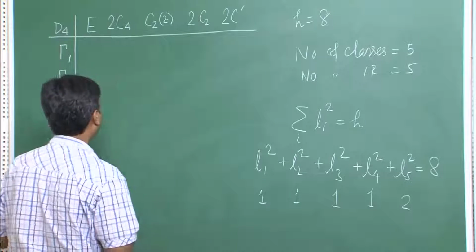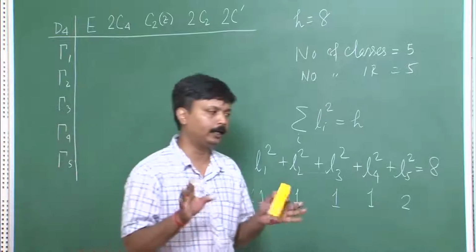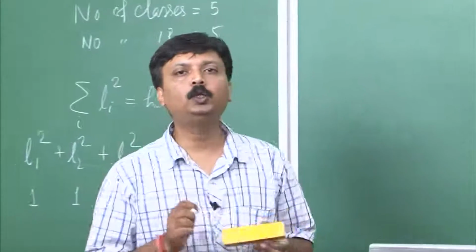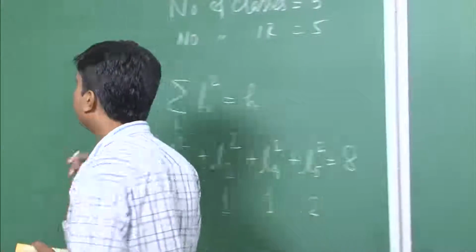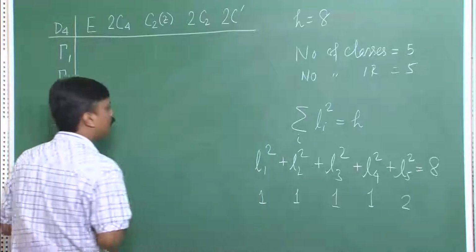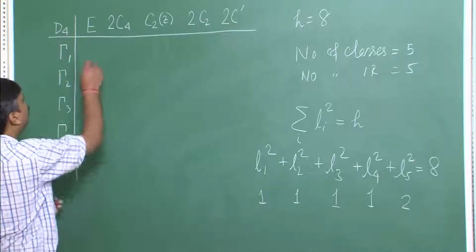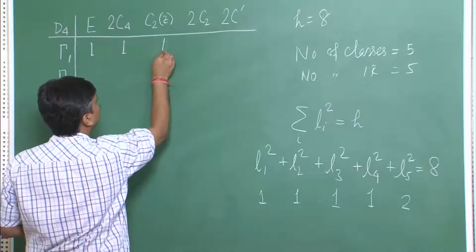All right. Now, we also know that for a given character table of any point group, there will be one totally symmetric irreducible representation, for which all the characters are plus 1, and we can write that down for gamma 1. Let us fill this row.